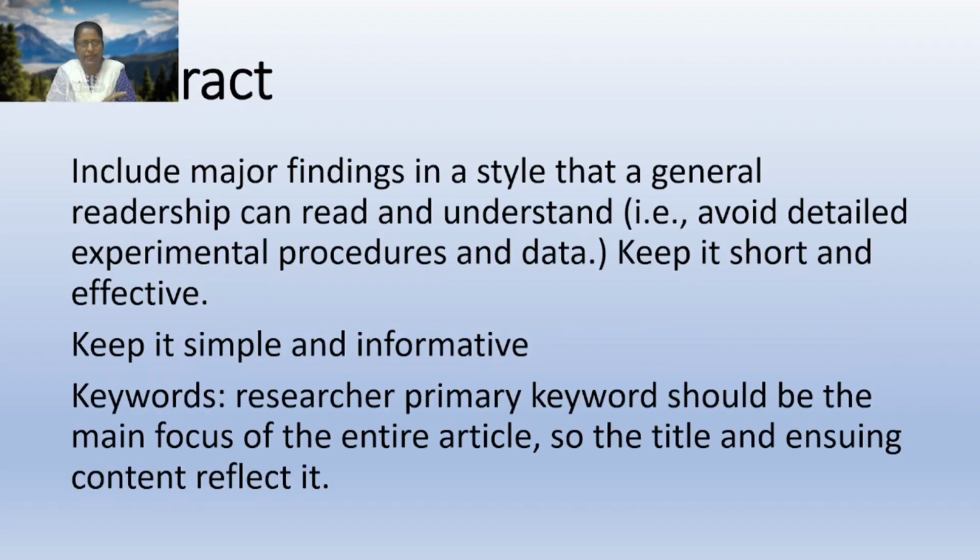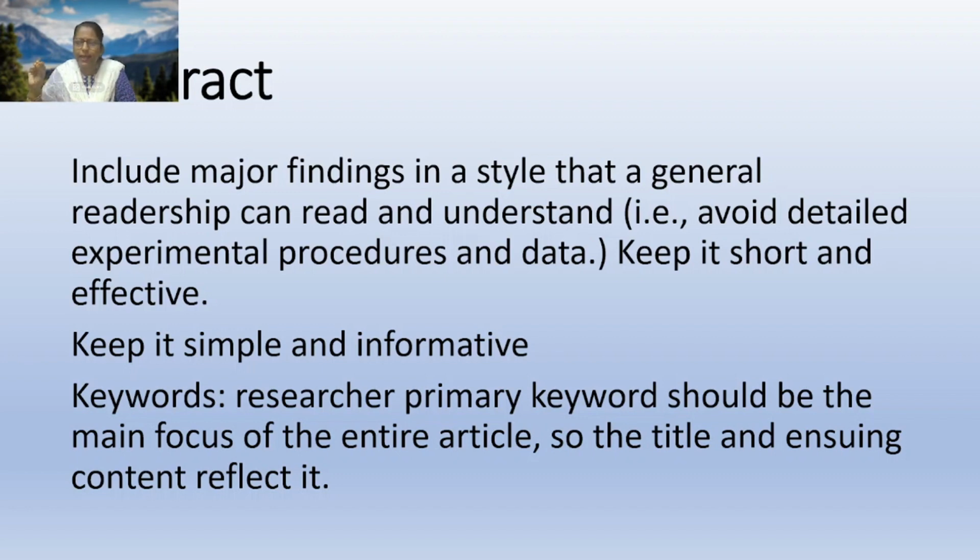Next, after the title, is the abstract. The abstract is the main gist of the research article. It should include major findings in a style that a general readership can read and understand. The researcher should try to avoid detailed experimental procedures and data.